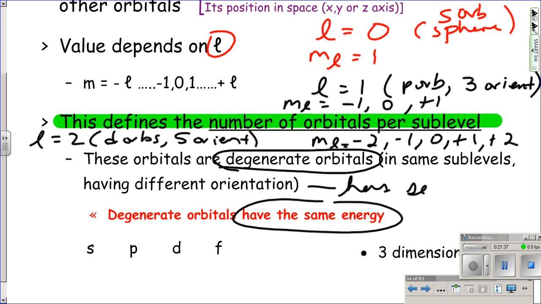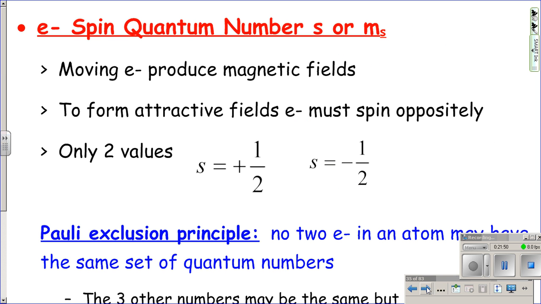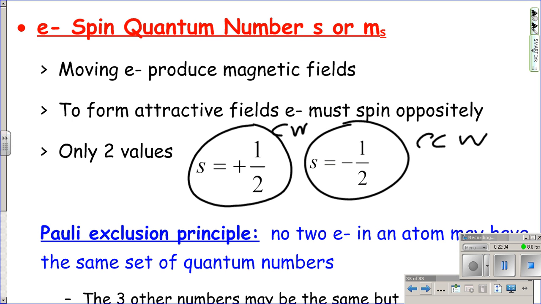Okay. One more quantum number, and then let's go. The last quantum number is real easy. It's talking about the spin of the electron, and that's plus or minus 1/2. So we always refer to the plus 1/2 as the clockwise spin of the electron, and the counterclockwise as negative 1/2.